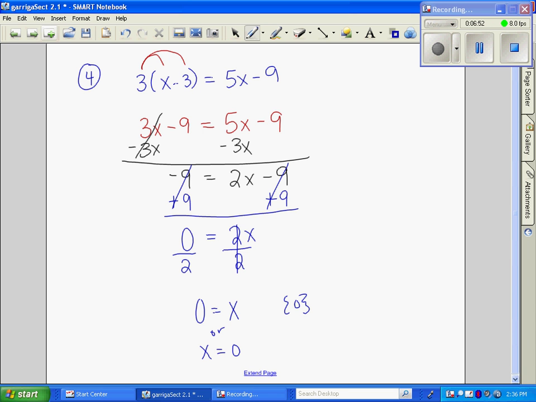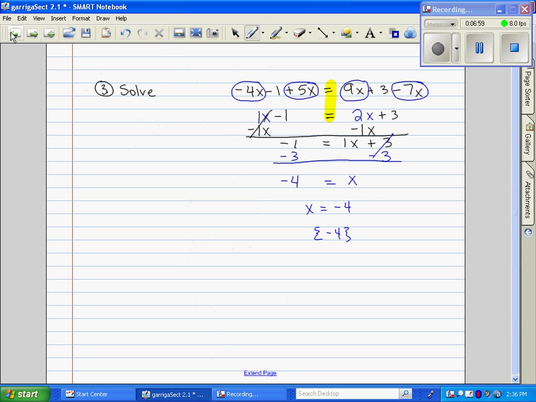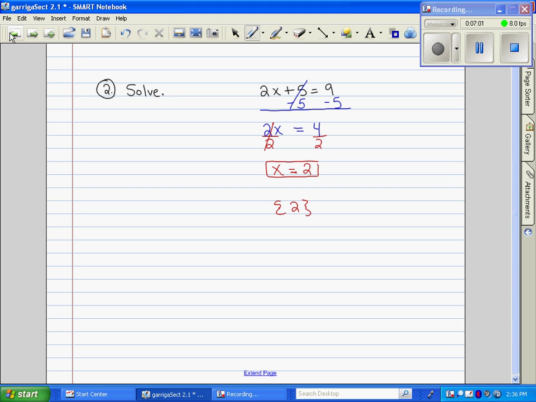Now, we didn't explain how we can check our solution in any of these, but if we go back to, let's say, problem number 2, and I want to check my work before I submit it on a test. I can check my work by taking the original problem, 2x plus 5 equals 9, and substituting the solution in for x.